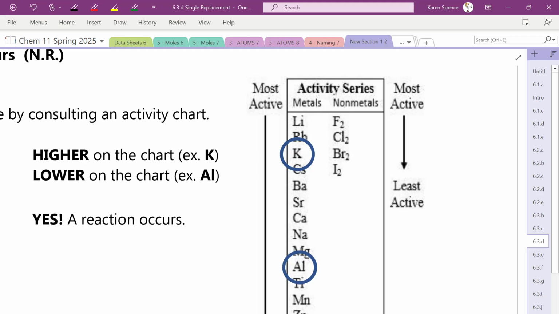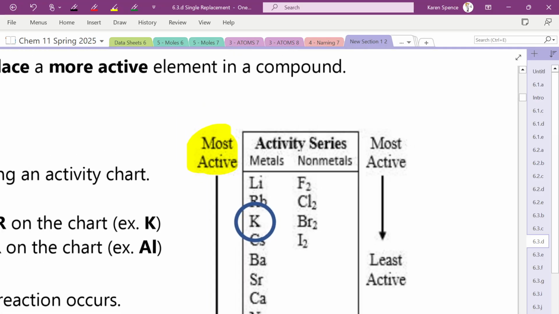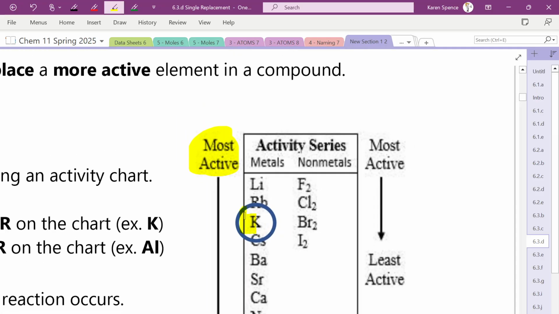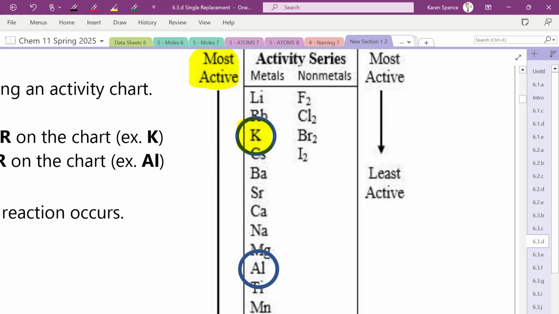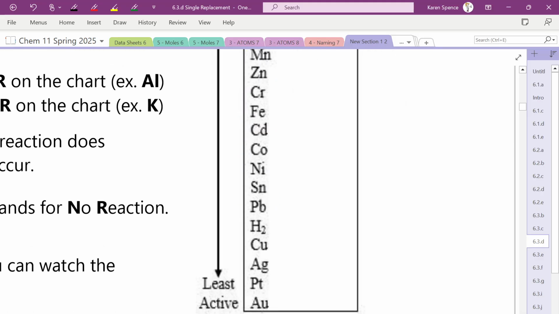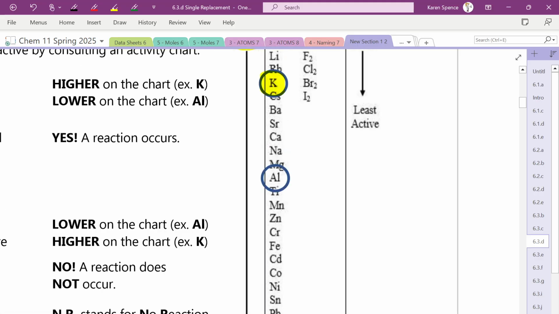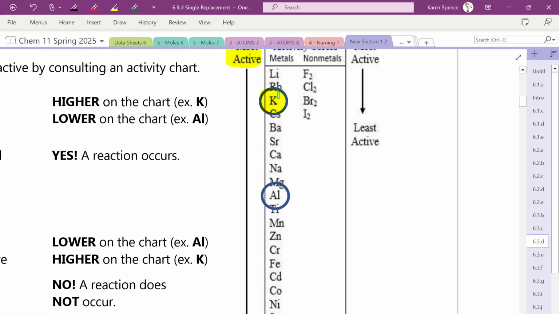At the top of the chart are the things that are the most active. So potassium is fairly active because it is at the top of the chart. At the bottom of the chart are the things that are the least active. If we are comparing potassium and aluminum, potassium is more active and aluminum is less active. So higher up, more active, lower down, less active.